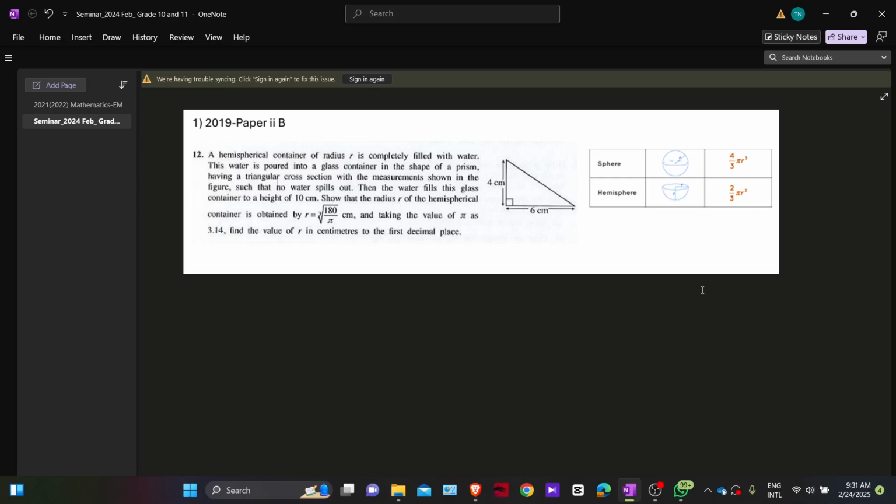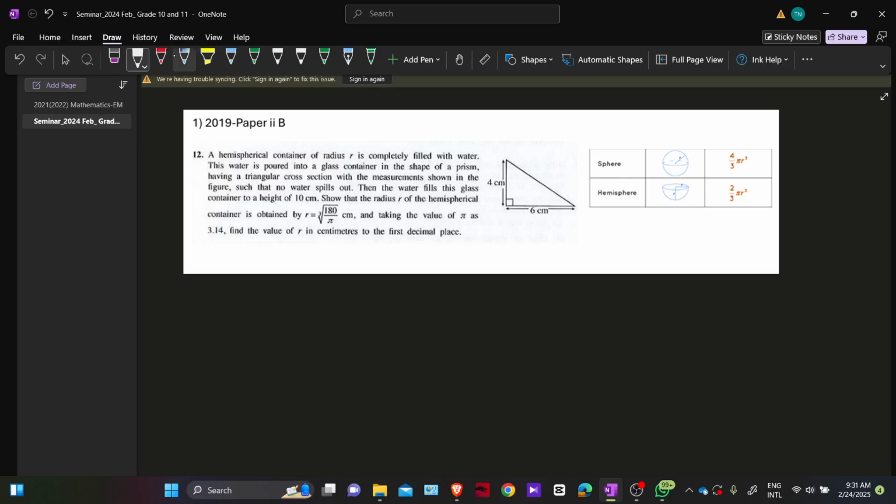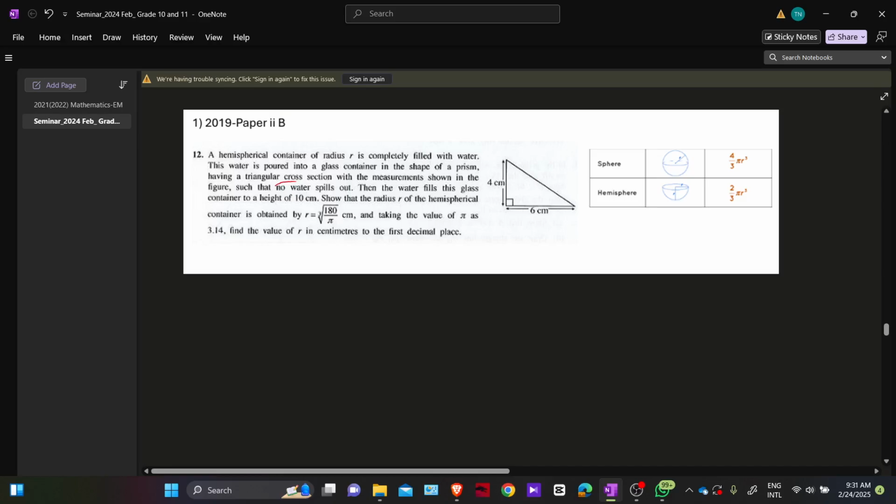They say there's no wastage of water. That is important. Then this water fills this glass container to a height of 10 centimeters. Show that the radius is equal to this much.